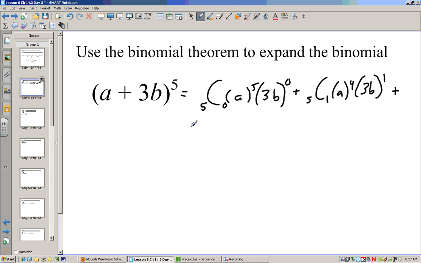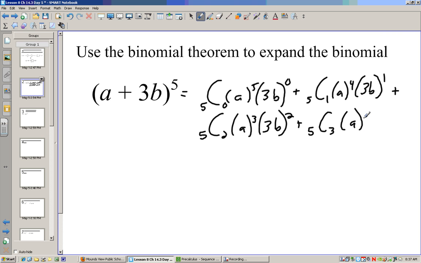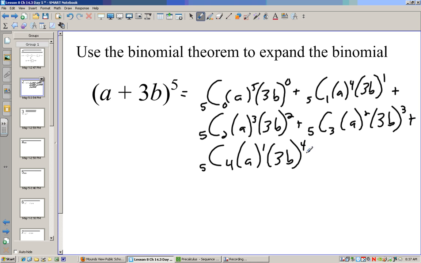And now I'll say plus 5 choose 2, a to the third, 3b squared, 5 choose 3, a squared, 3b to the third, plus 5 choose 4, a to the first, 3b to the fourth, and then finally 5 choose 5, a to the 0, and 3b to the fifth.